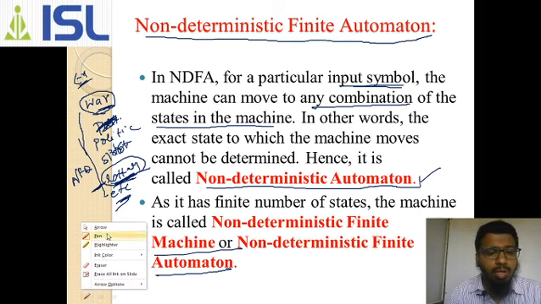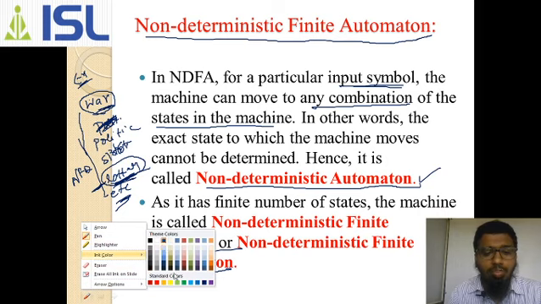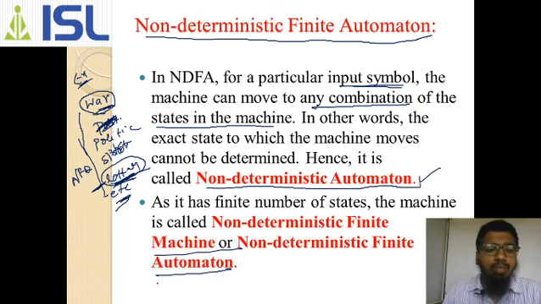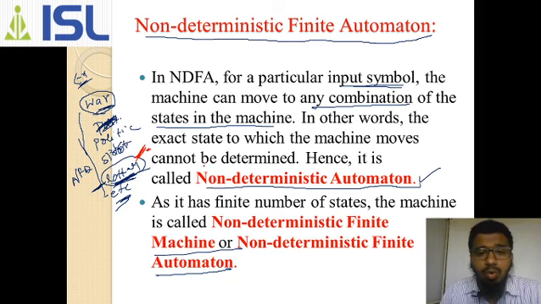I gave you the example of a lottery. In the lottery we can have any combination and we get the final result, but until then we don't know, so it cannot be deterministic. Politics, sports, war, and so on all come under non-deterministic automata.